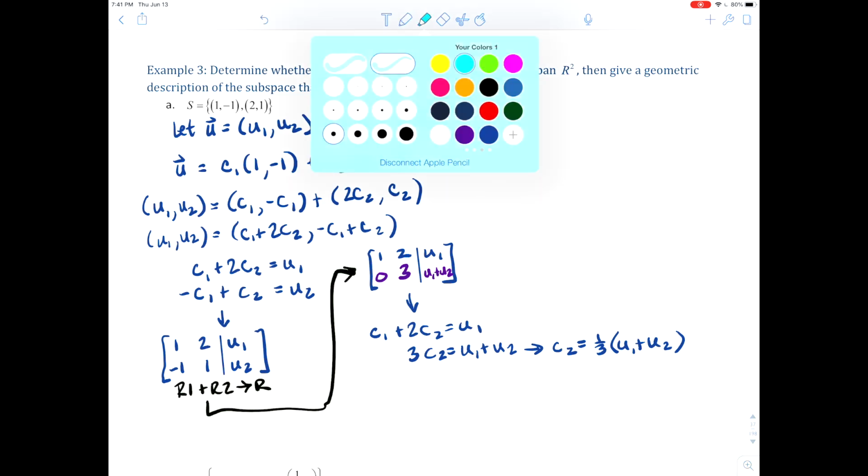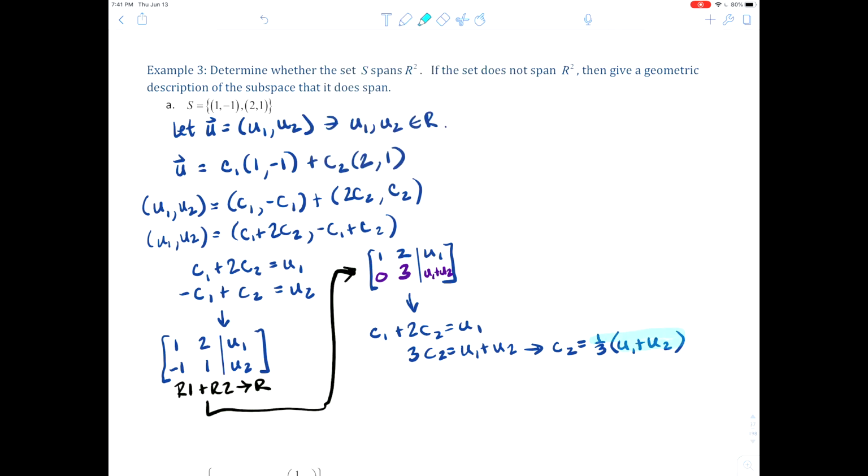Plugging this into the C2 in the first equation, we'll have C1 plus 2 times 1/3 times quantity U1 plus U2 equal to U1, which gives us C1 plus 2/3 times quantity U1 plus U2 equals U1.